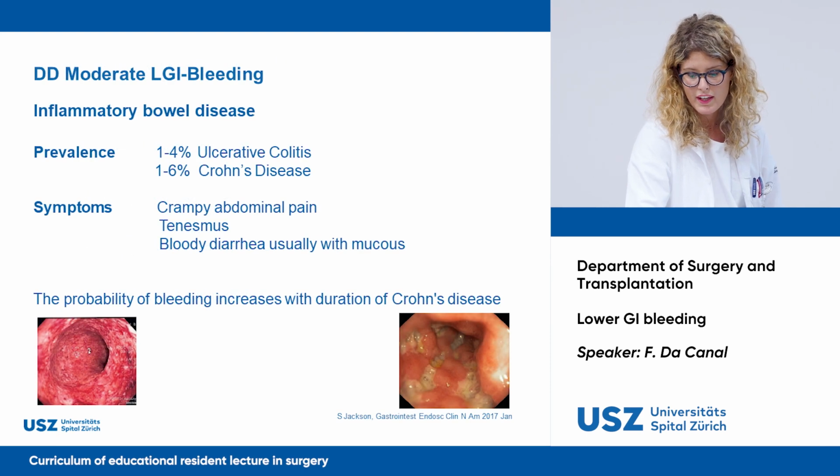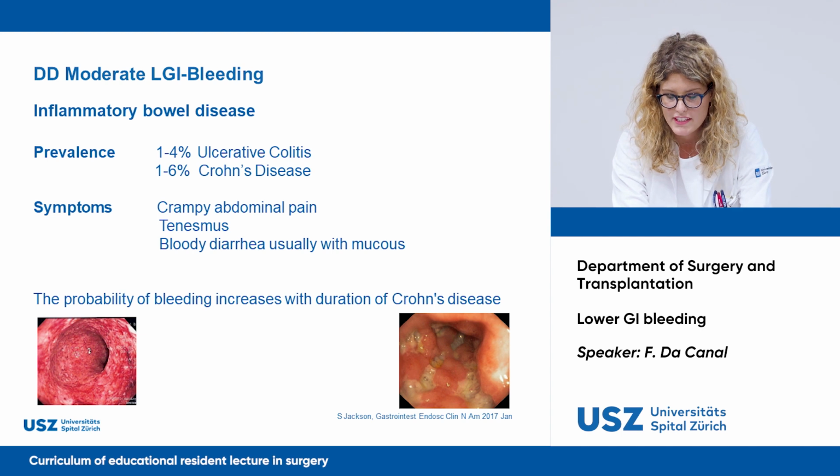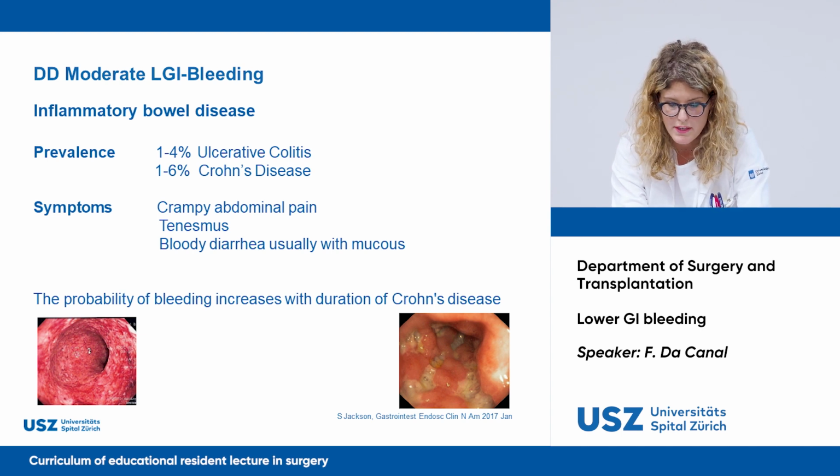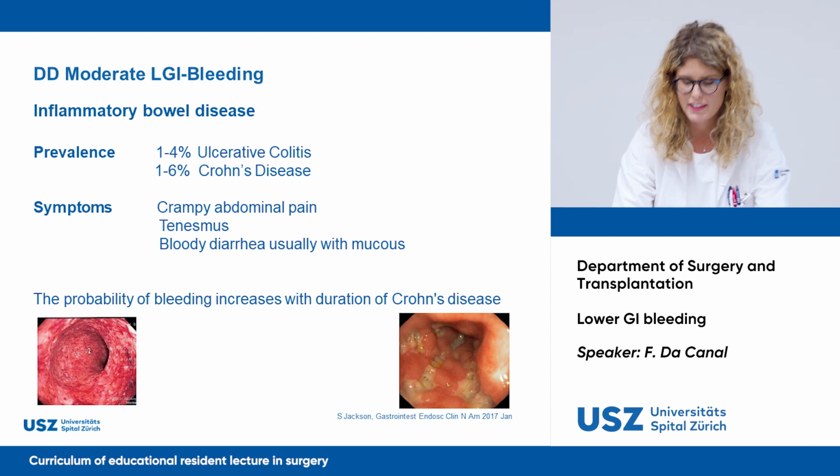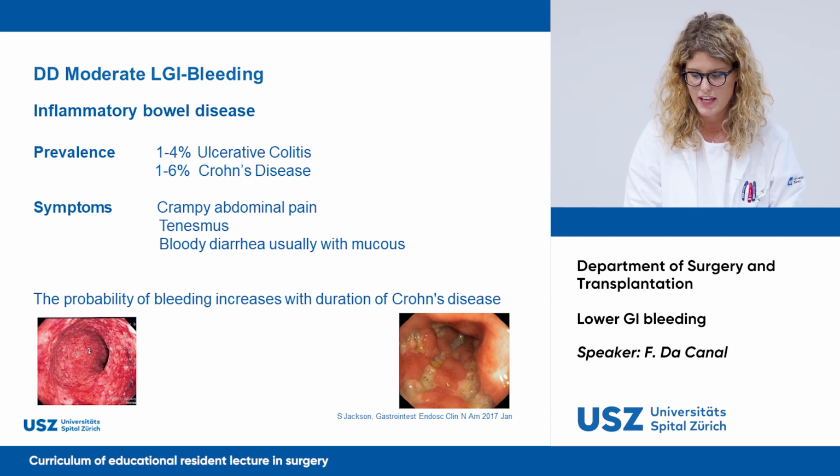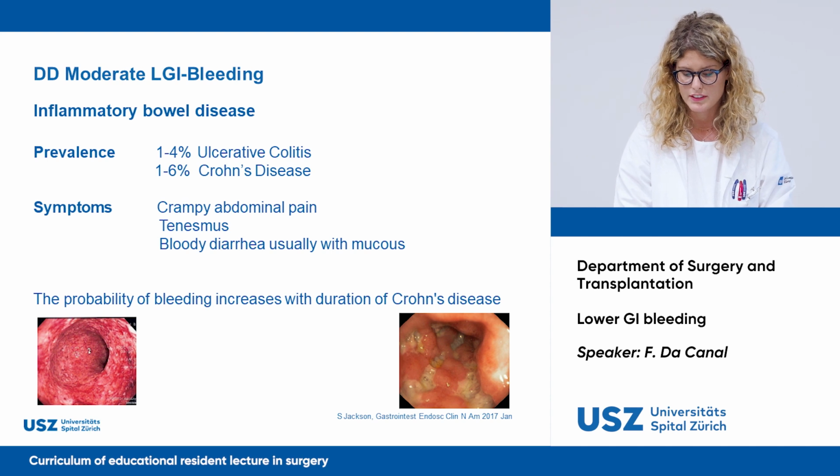So first of all, a moderate bleeding is a common symptom in patients with inflammatory bowel disease. It may present as bloody diarrhea, usually mixed with mucus. The probability of bleeding increases with the duration of Crohn's disease, from 1% after 1 year of Crohn's disease to 10% after 20 years.